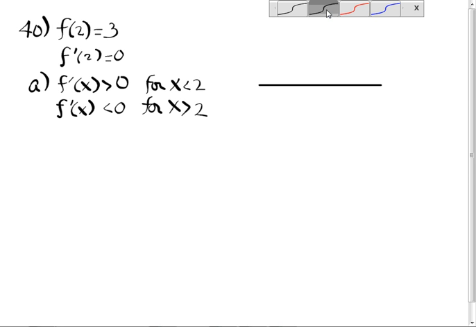Okay, so my critical point here looks like it's 2. And this is f prime. My derivative is positive when x is smaller than 2. Did I do that right? It's very easy for me to do it wrong. And it's negative for x greater than 2. F prime of 2 is 0.